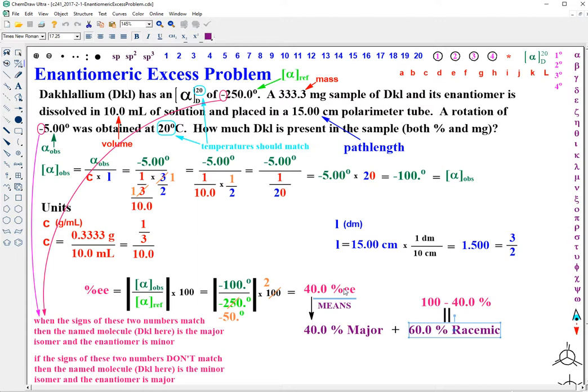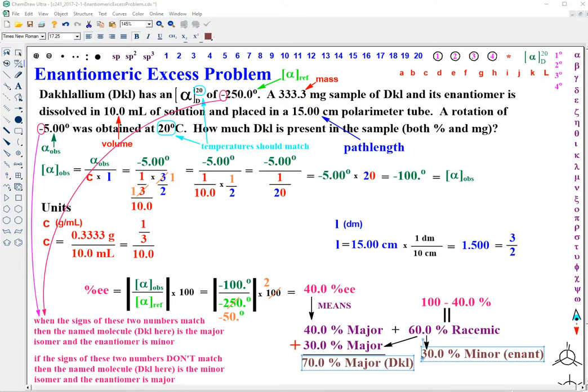So I break it down as 40% EE means 40% major, plus the other 60% is racemic. That breaks down to give us 30% more each of doclalium and its enantiomer, as illustrated here. So our final results in terms of percentages, 70% major, which is doclalium in this problem, 30% minor.